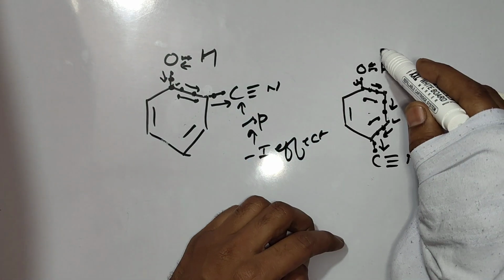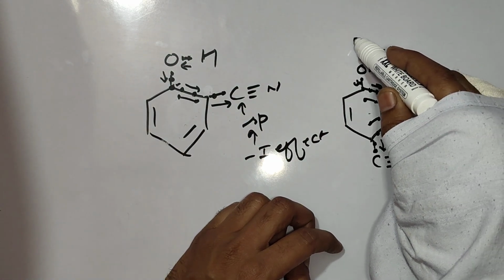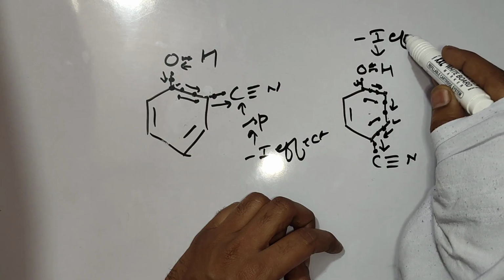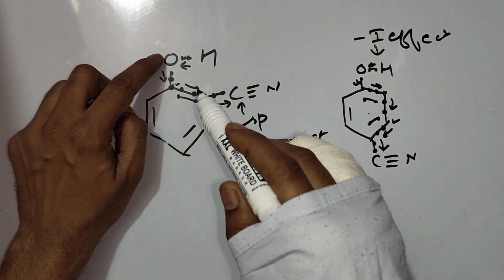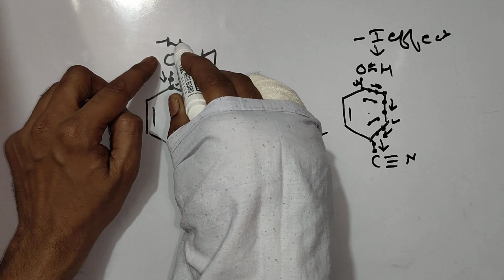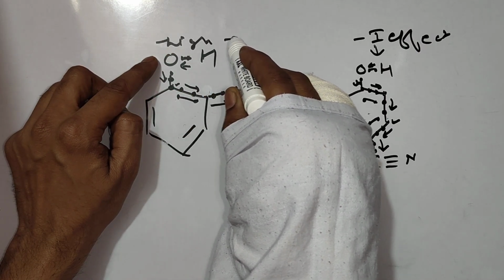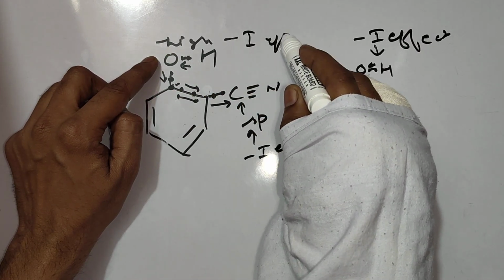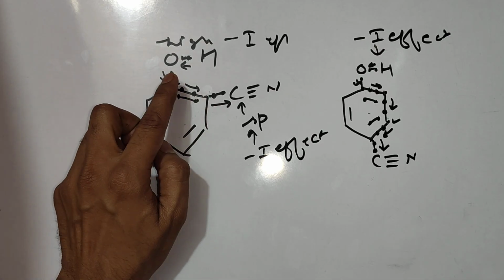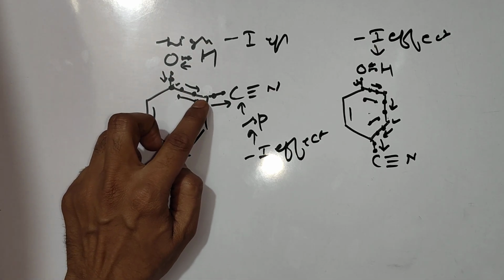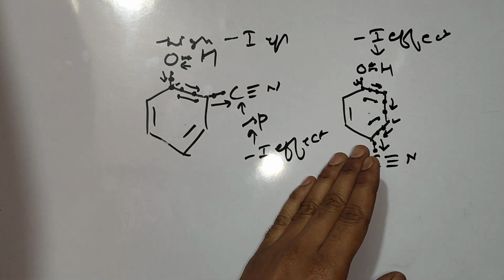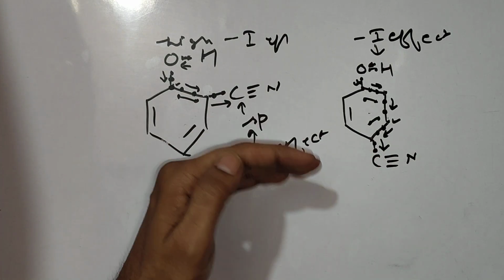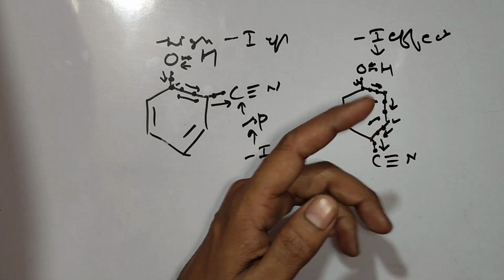So here the OH group is feeling very little minus I effect due to distance, and here the OH group will feel a very high minus I effect because the cyanide is very close to OH. How many carbons are there between them? 1 and 2. So the cyanide group shows a minus I effect, which decreases with distance.